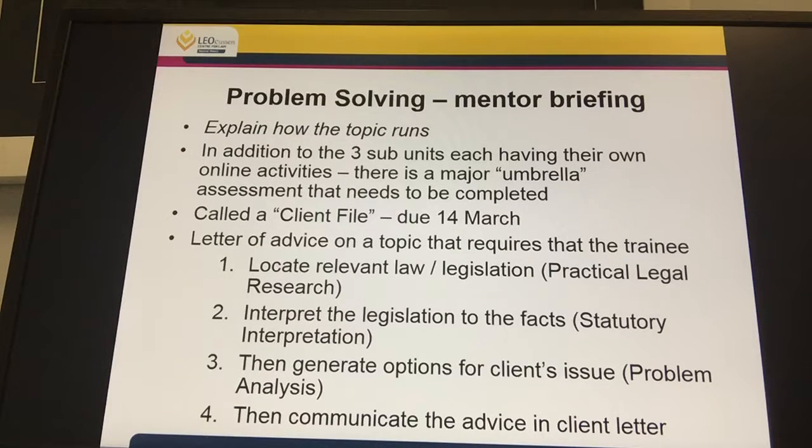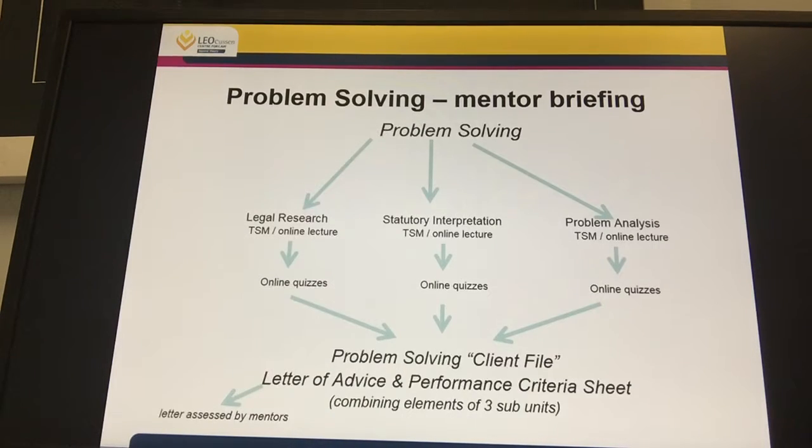The idea is that the letter of advice requires a trainee to demonstrate the skills in those 3 key areas of locating the law, legislation and legal research, interpreting the legislation, statutory interpretation, generating options, problem analysis, and then 4th, communicating the advice in a client letter. So that one letter of advice covers all of those 3 subunits.